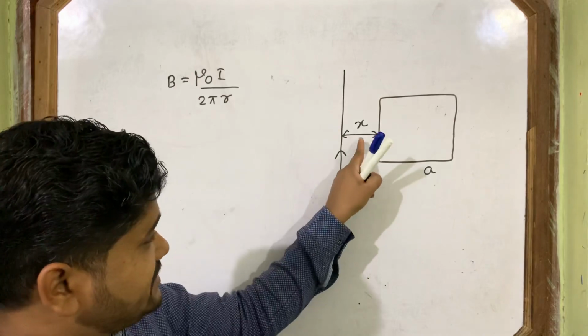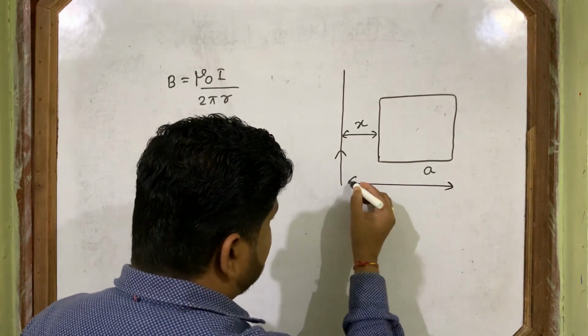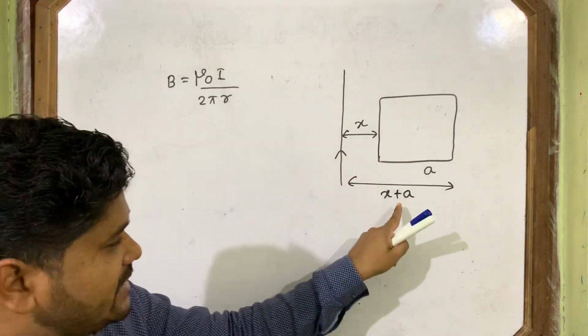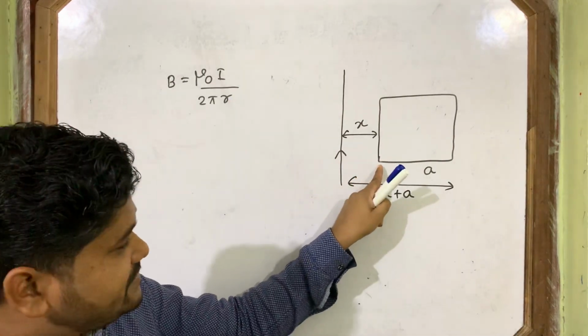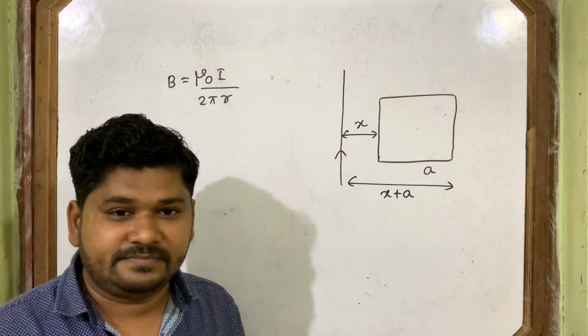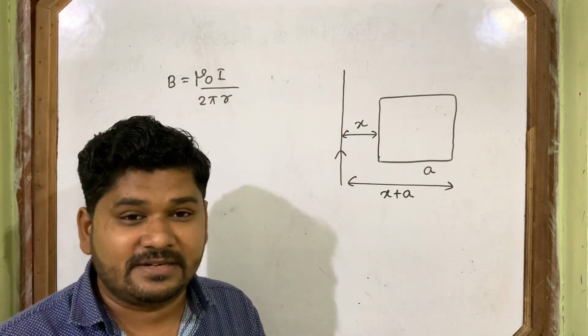But this r varies from x to x plus a. As r increases, the magnetic field gradually decreases.